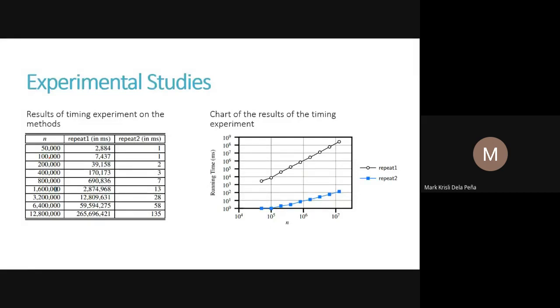For the authors, when they experimented with that algorithm, it only took 2,884 milliseconds for repeat one. However, if you take a look at the repeat two method, the algorithm in repeat two only took 1 millisecond in performing 50,000 iterations.